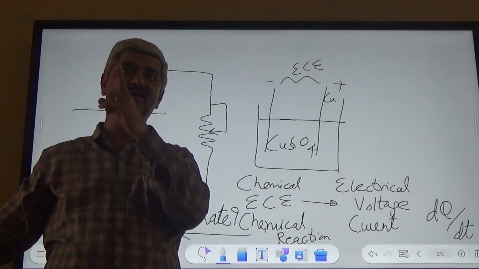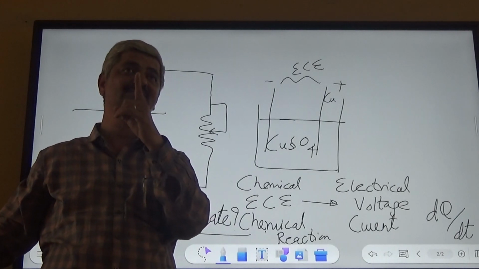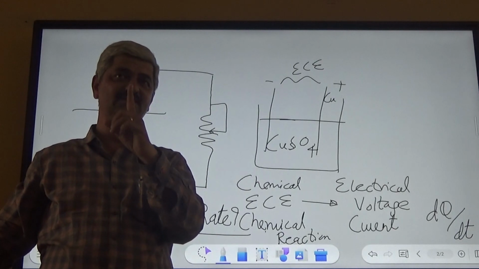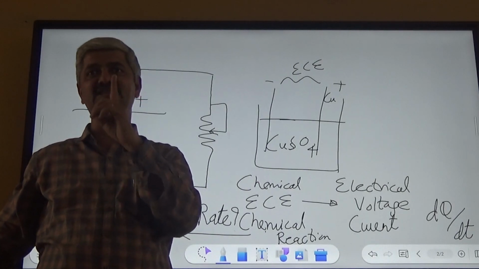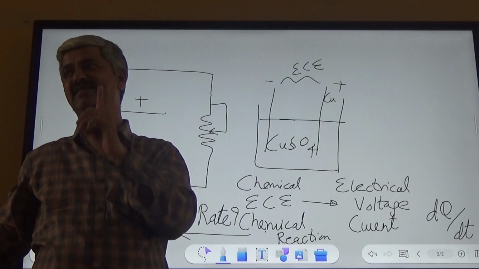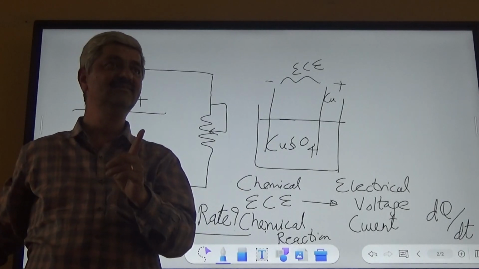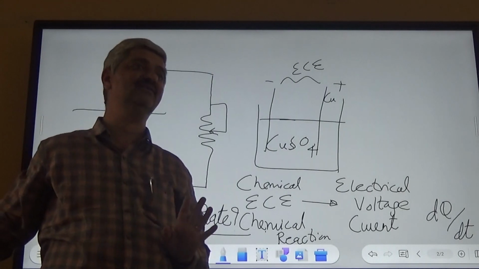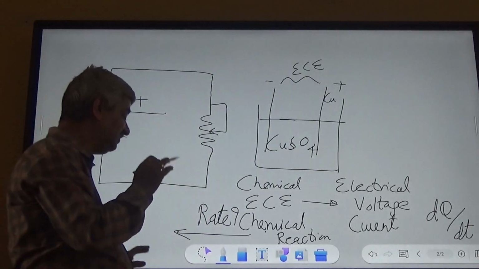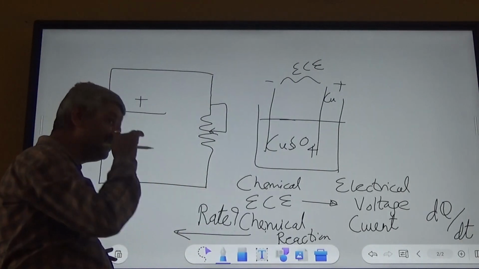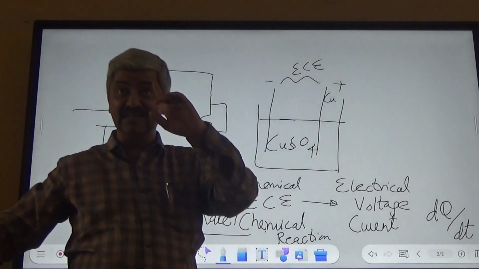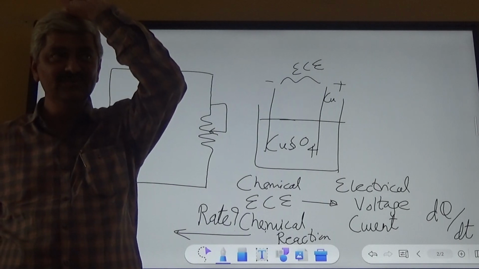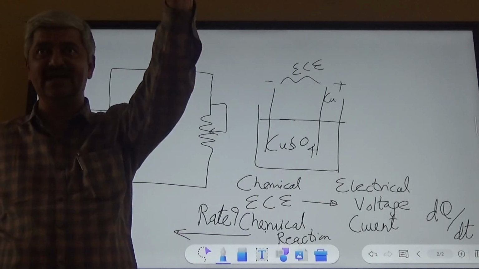The rate of chemical reaction depends on concentration, but the concentration cannot be infinite. Why? Because there is a limit. What is that? Saturated electrolyte. So there is a maximum, listen now very carefully, there is a maximum value of concentration of electrolyte.